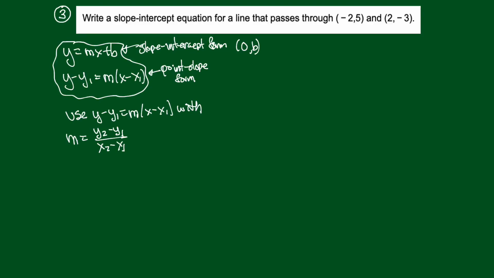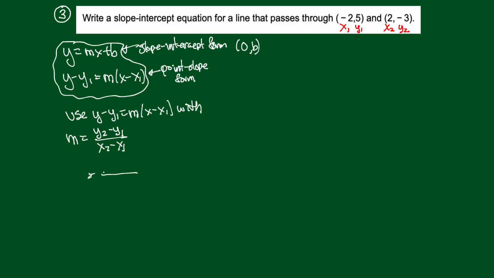And I have 2 points. So as I look left to right, I see x's and y's. In fact, this is the first x I see. That's the first y I see. This is the second x I see. That's the second y I see. So let's substitute these values in.